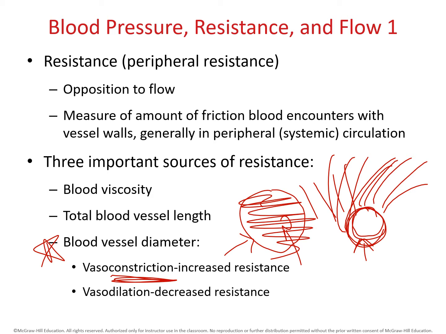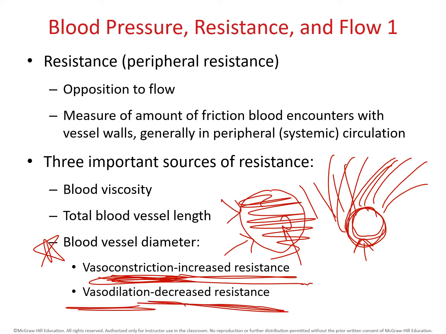Okay, so when you hold a water hose at the tip, you have increased resistance because you can feel the pressure of water on your fingertip, right? So think of it that way. So vasoconstriction increases resistance and decreases flow. Vasodilation decreases resistance and eases flow, or increases flow.